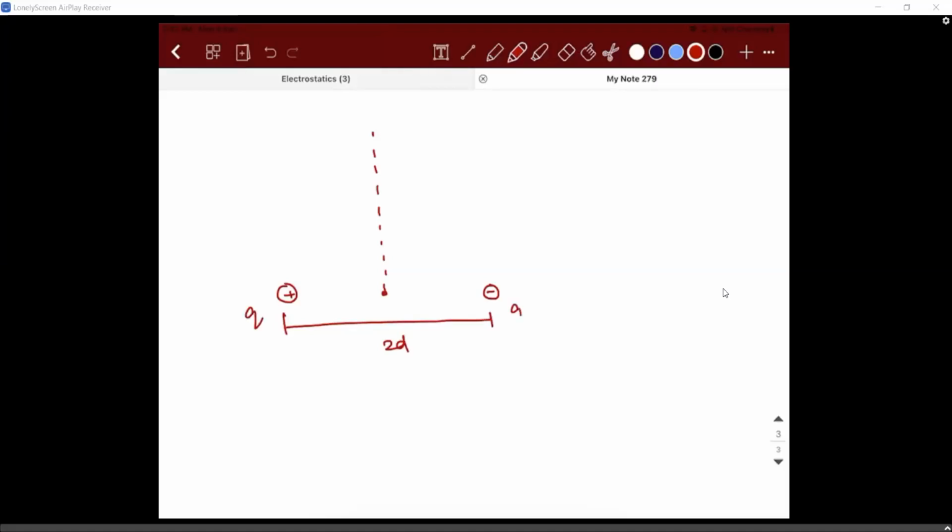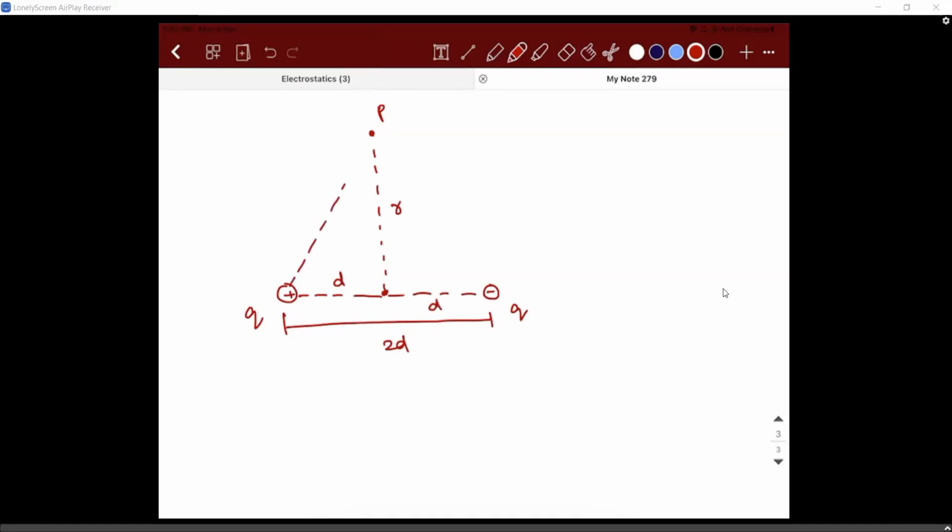Let this be q and let this be q. If I take this point as P, where are the distances measured from for a dipole? Always from the center. So this is r. Then this distance is d. This distance is also d.